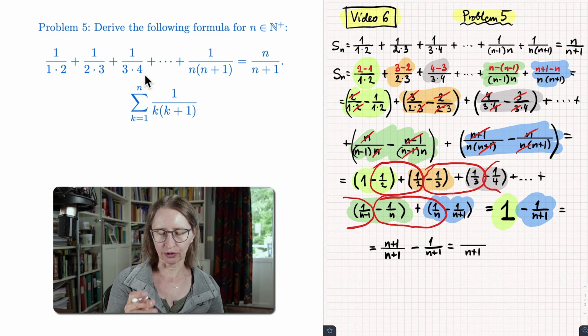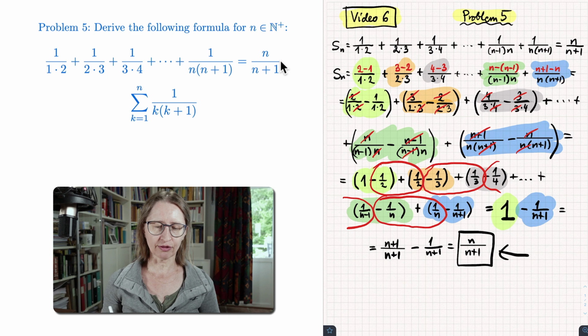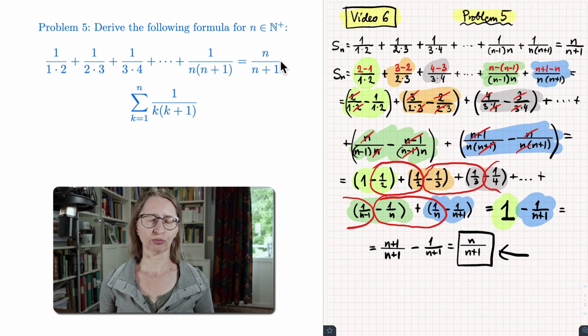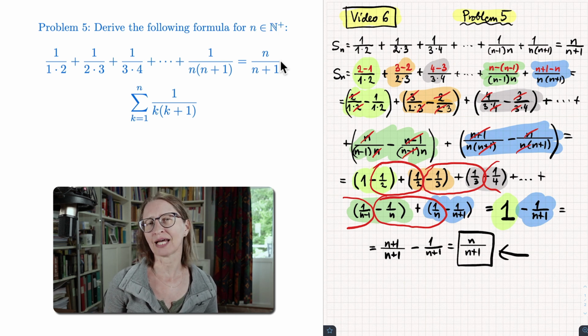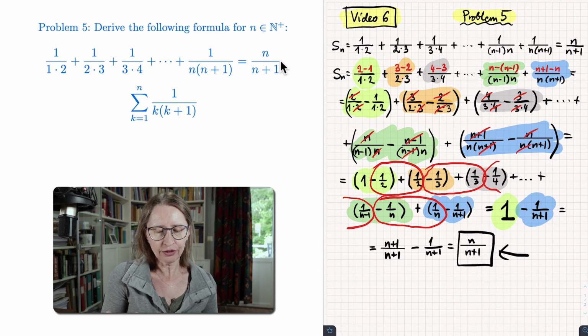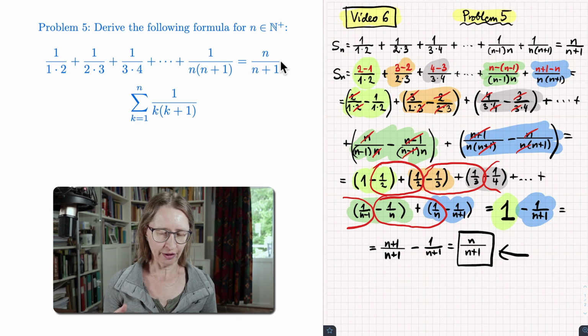N plus 1 minus 1, it is n. And you see, this is exactly what I was expected to get. And you see that the way I derived this formula didn't really require that I knew the result in advance. Not at all. I didn't have to know this result in advance in order to perform this computation.